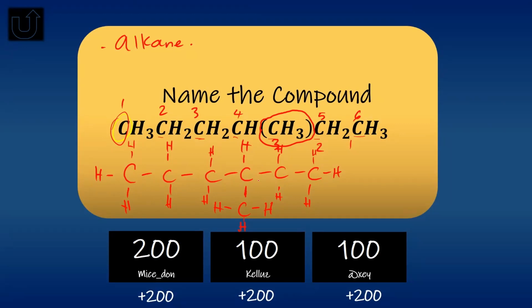Remember, we have a branch, and I remember what you call it. But the branch will be called something based on where it is: 1, 2, 3, 4. We just need to remember how it goes.